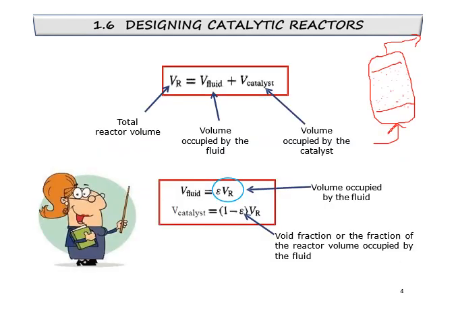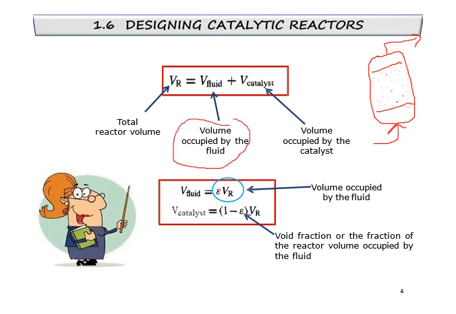Now, in order to calculate the total reactor volume, you have to consider the volume of the fluid, basically referring to the feed going into the reactor. Let's say this stream goes to the reactor and fills the reactor over here, plus the volume that is occupied by the catalyst.